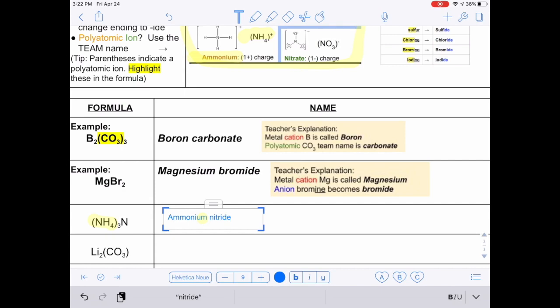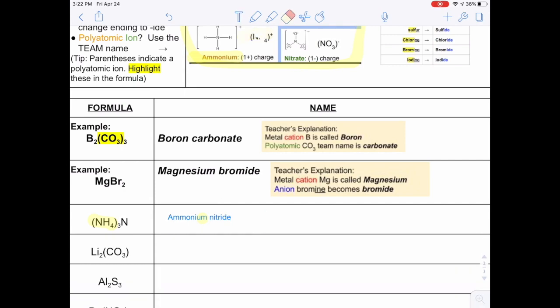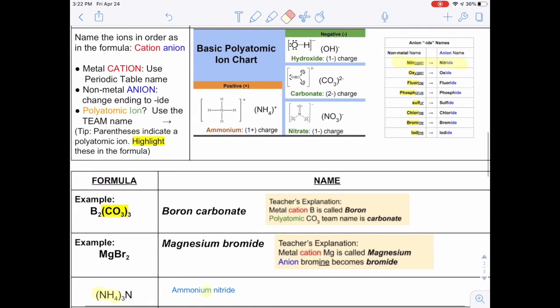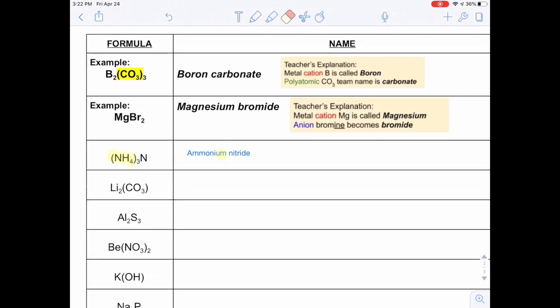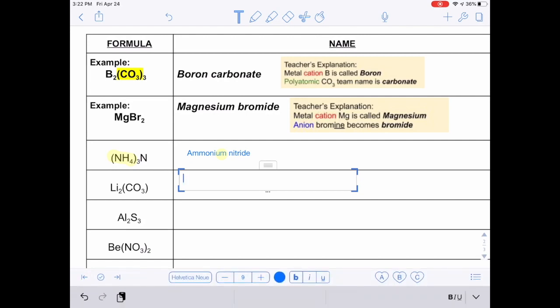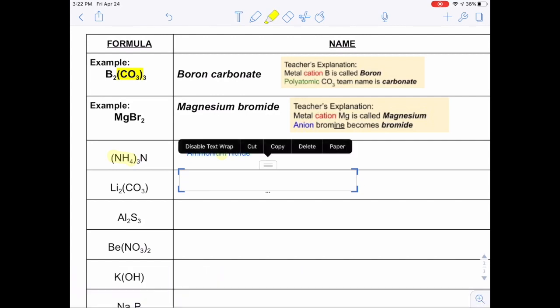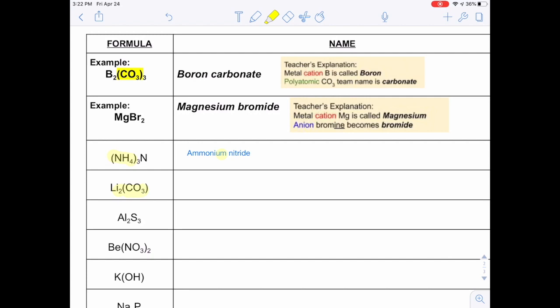The next one. Next one I see, I'm going to go a little faster. Li and CO3, there's some parentheses, so that's going to have a polyatomic name.